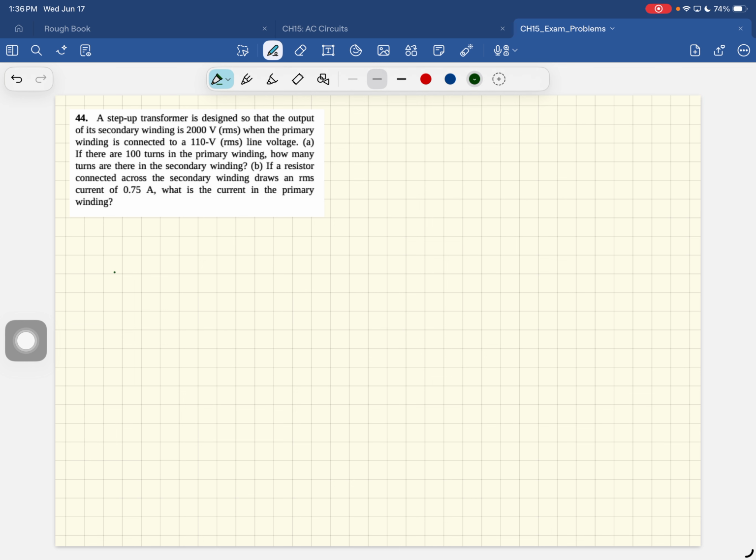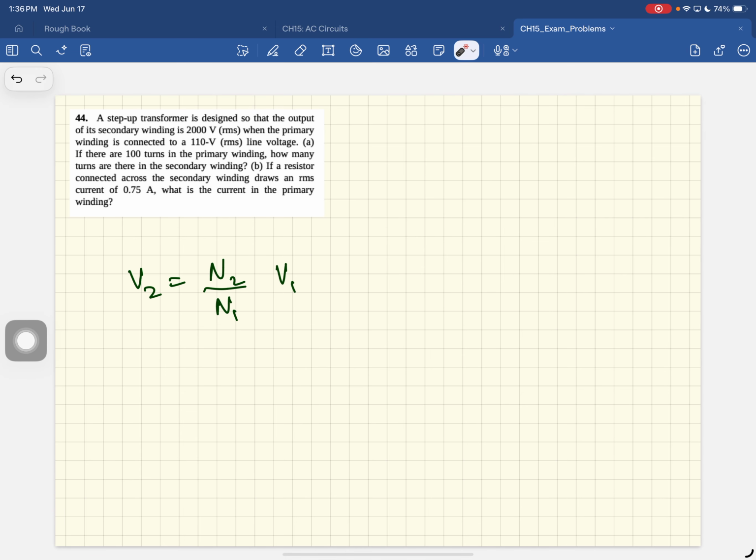So the current in the train is 4.17 amps. Aren't you missing a square root of 2 in there? These are RMS values, okay, and that's average power.